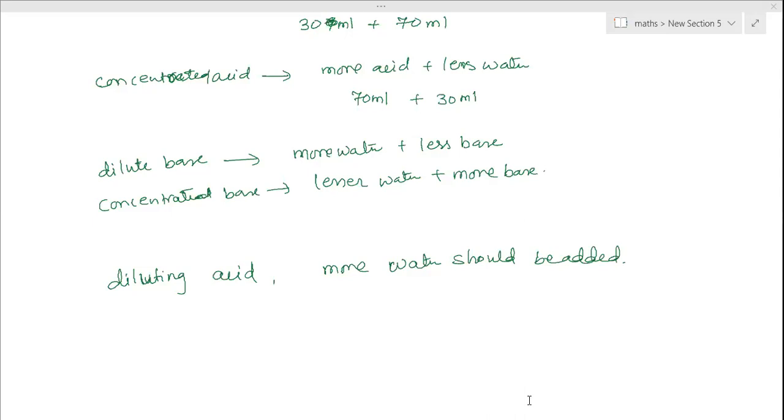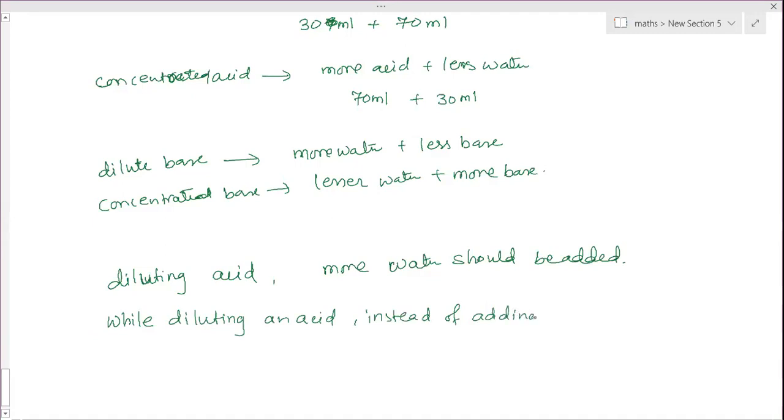Instead of adding water to the acid, we need to add acid slowly, drop by drop, into the water. So while diluting an acid, instead of adding water to acid, we should add acid drop by drop.